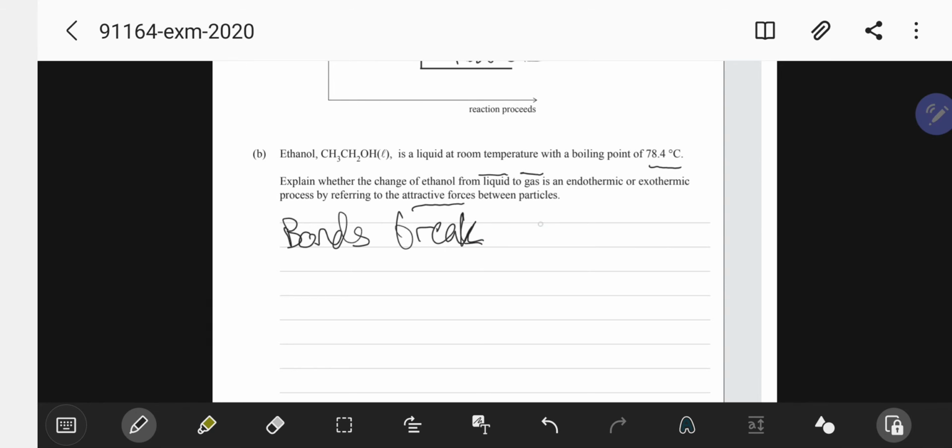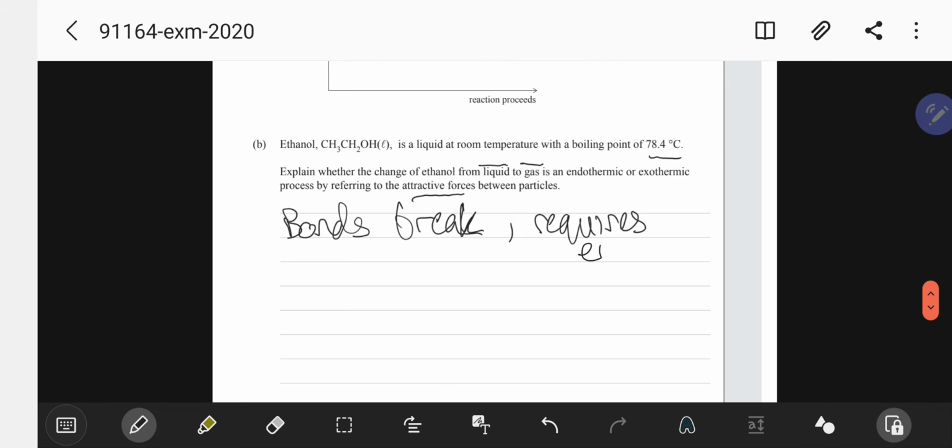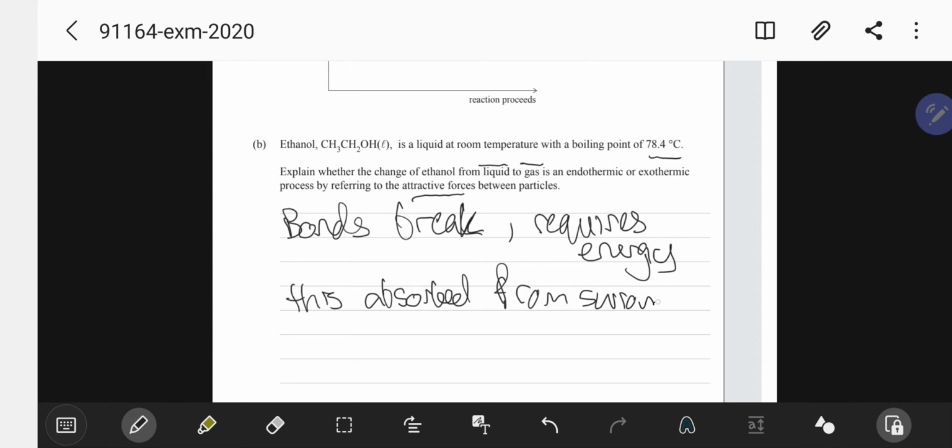If bonds are breaking, this requires energy in order for bonds to break. So it requires energy, and this energy is absorbed from the surroundings.